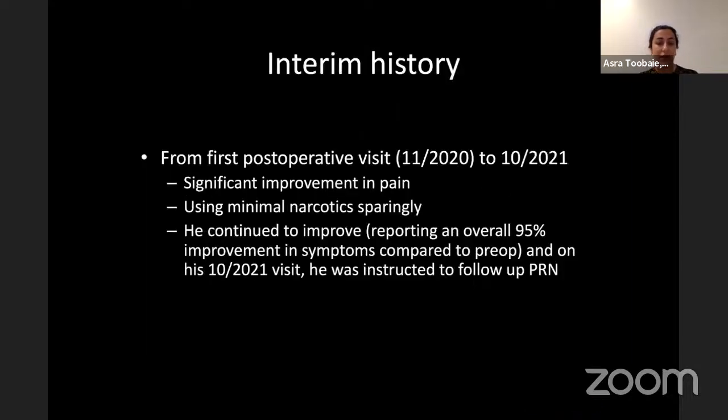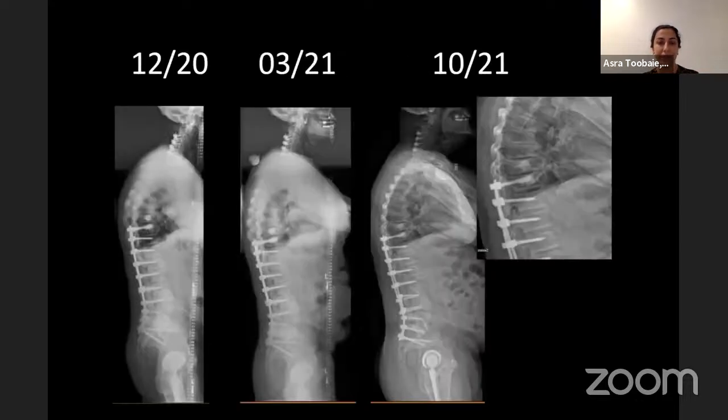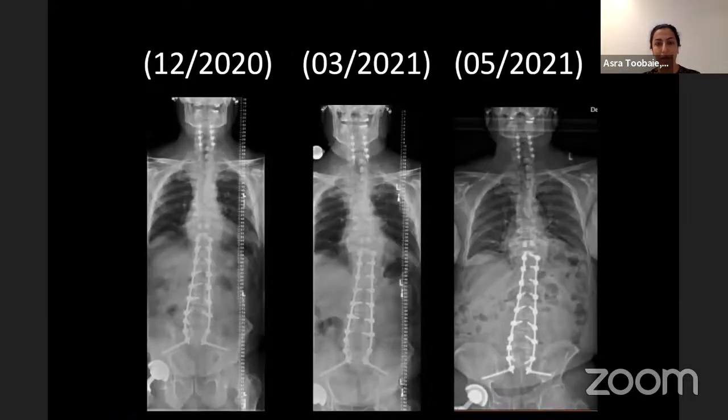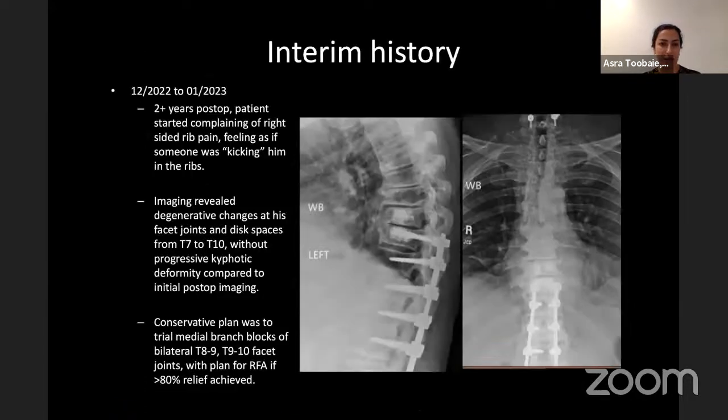Patient initially did quite well and continued to improve over the span of 1 year follow-up, to the point that the patient was only instructed to follow up as needed. These are the x-rays over 1 year follow-up, and alignment is still maintained. Same thing on the AP views.